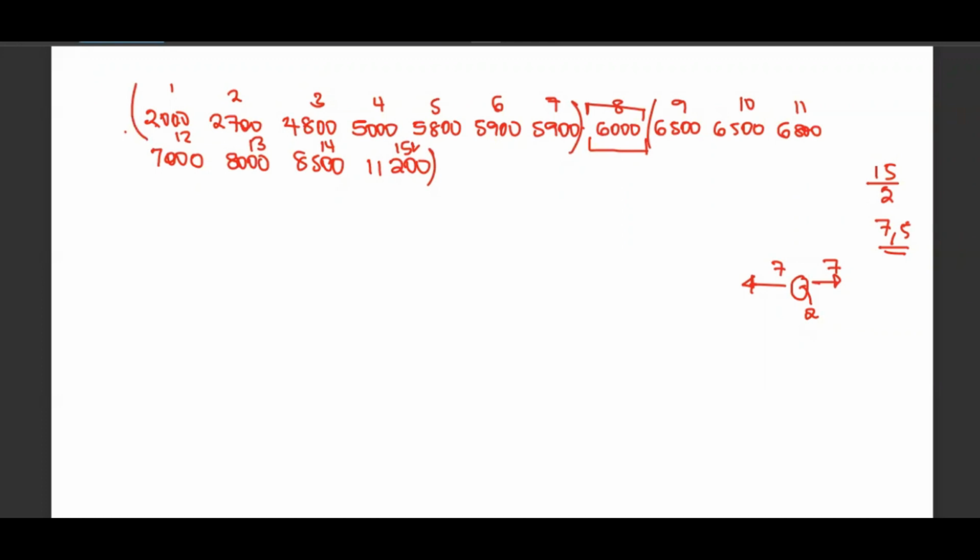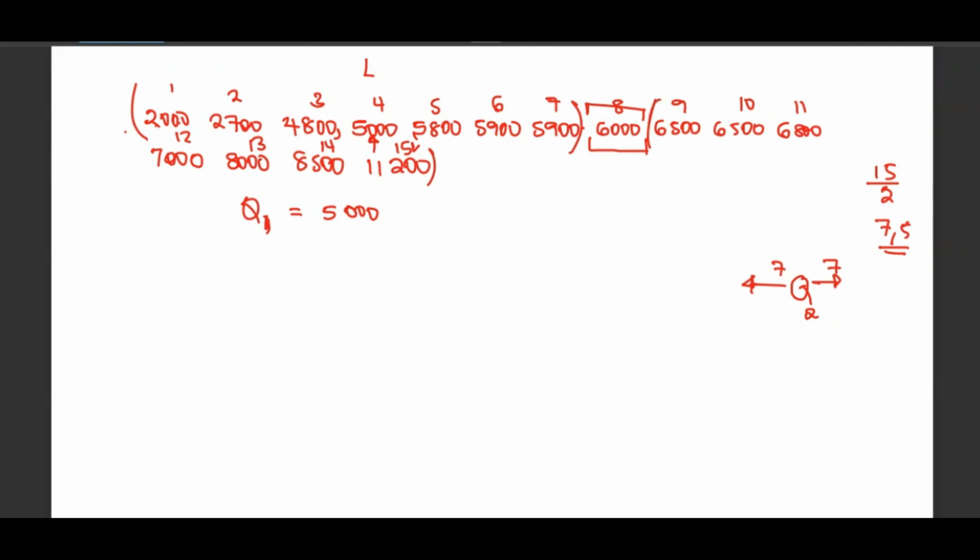Since you're looking for Q1, it will be the median on the left-hand side. If there are 7 numbers, we shall remain with 3 numbers on one side and 3 numbers on the other side. So the middle number becomes Q1. So our Q1 is 5,000.